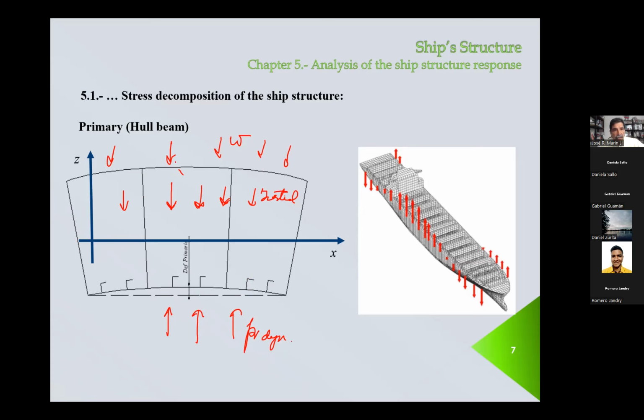Now, since we are considering this as a beam, the loading has to be expressed, let me write it here, loading, P of X, and this has units of force per unit length, okay? So that's what we need to consider.